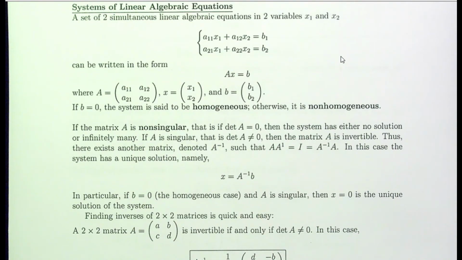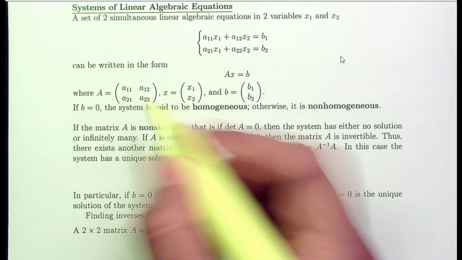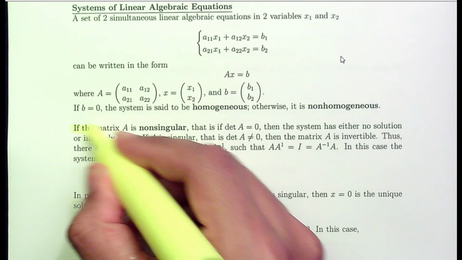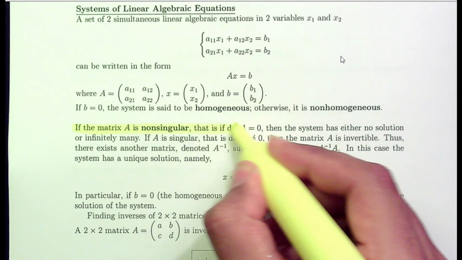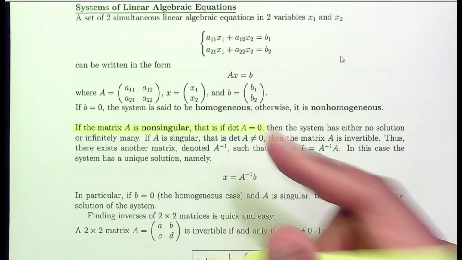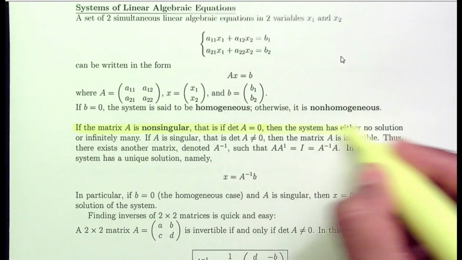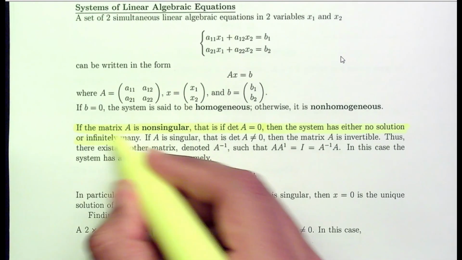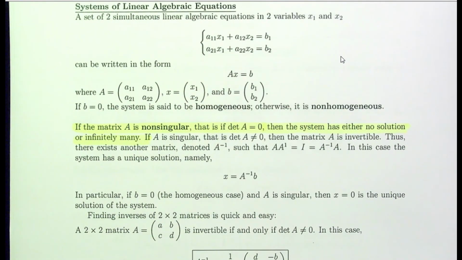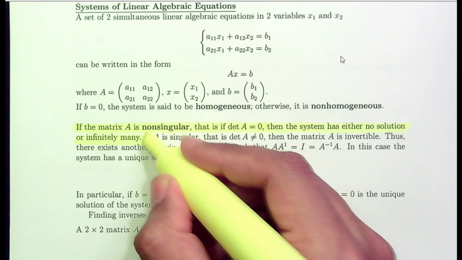We say that a matrix is singular if the determinant of the matrix is 0, and in that case the system has no solutions (or possibly infinitely many).